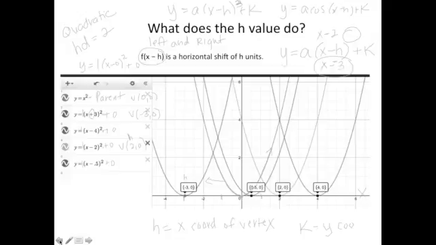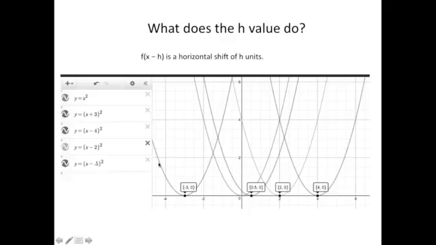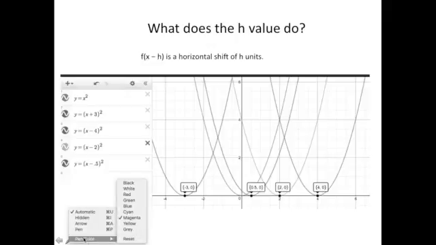Okay, so I'm going to go back a page and clear all this jazz out. I want to identify for you each one of these. Again, the red graph has a vertex of 0, 0.